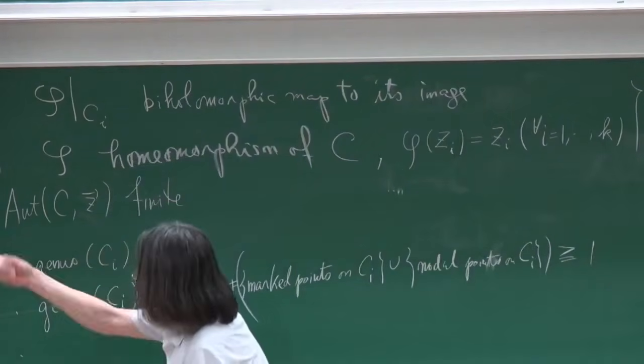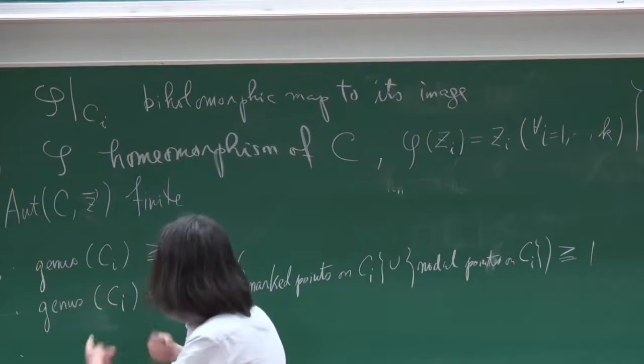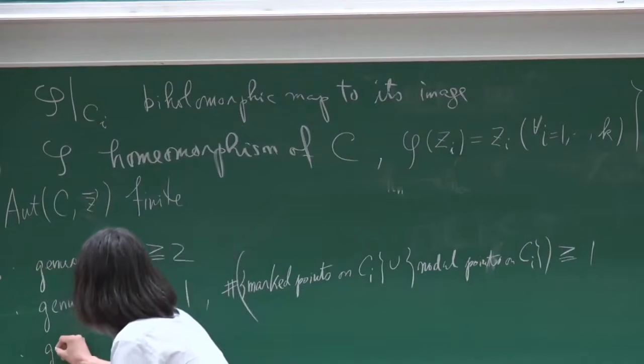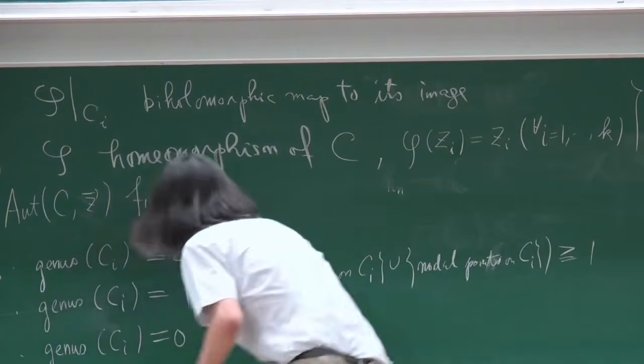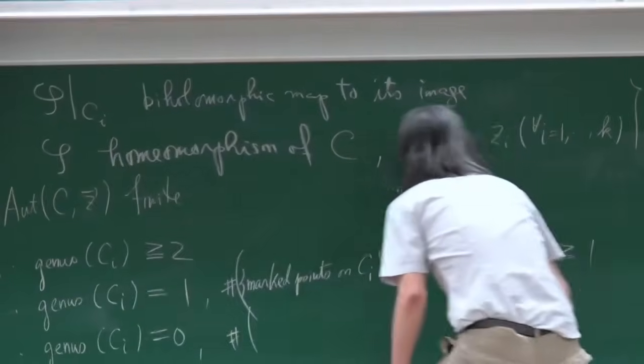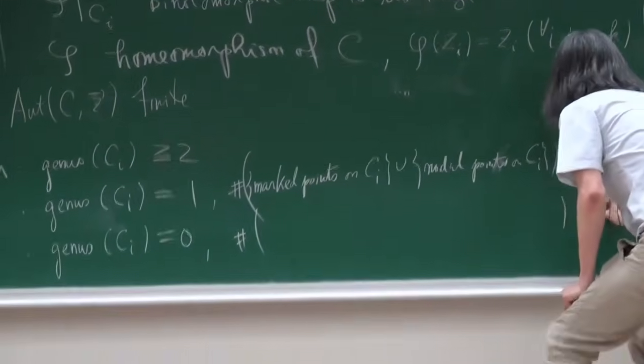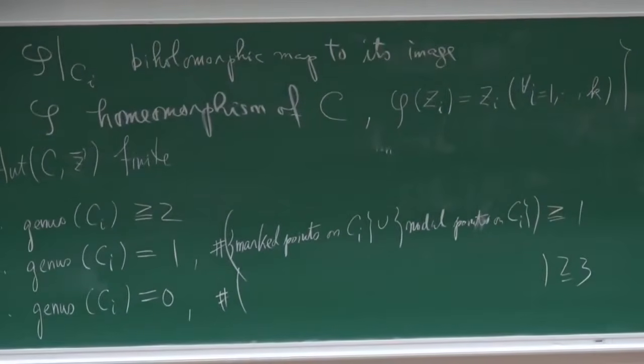Or maybe, because a genus Riemann surface is just a closed oriented surface, the remaining case is just the genus of Ci is equal to 0. And in this case, actually, the same count is at least 3. So this is the condition for this, right?